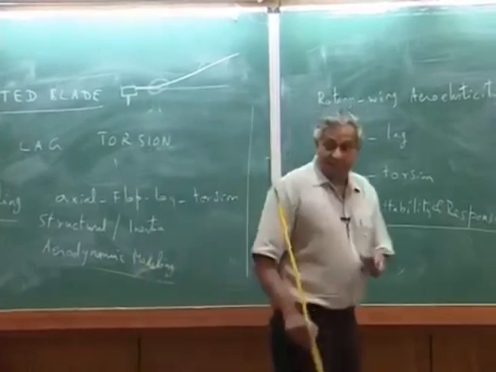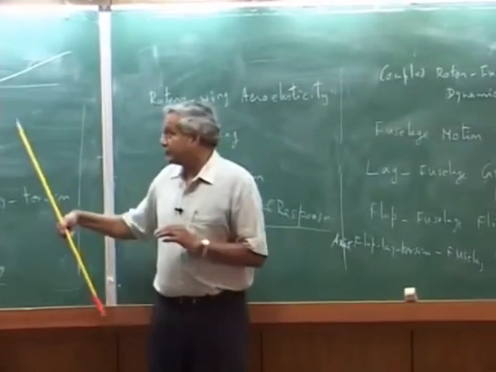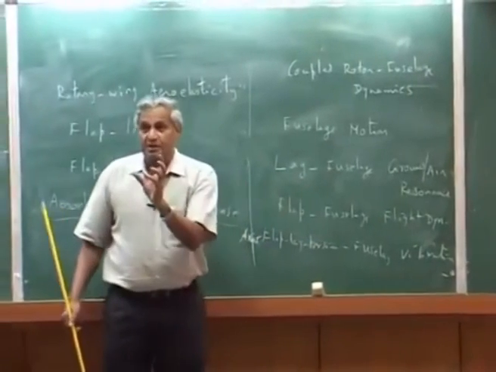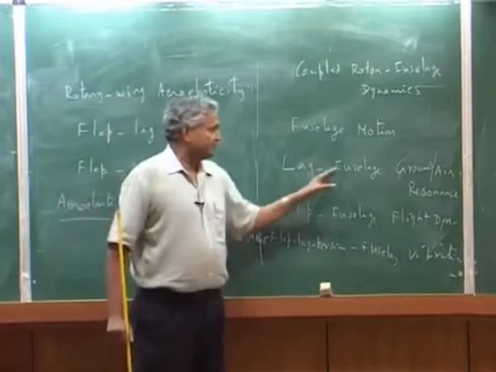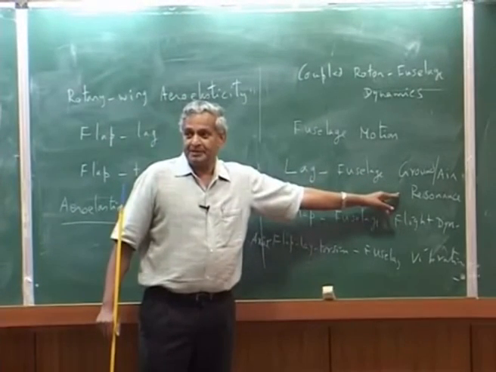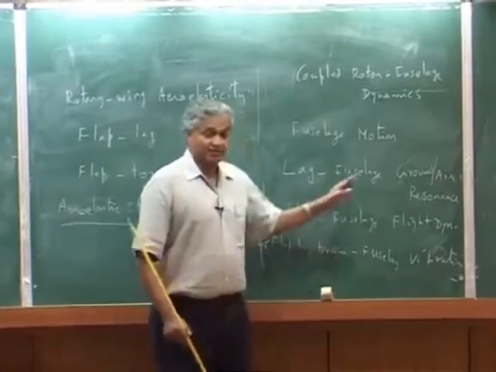For the simplification, in ground resonance, when they analyze, they take only lead lag motion of the blade and the fuselage as a rigid body. You understand? And then solve this ground resonance problem. So that means the modeling has now changed. Only I take lag and fuselage motion.